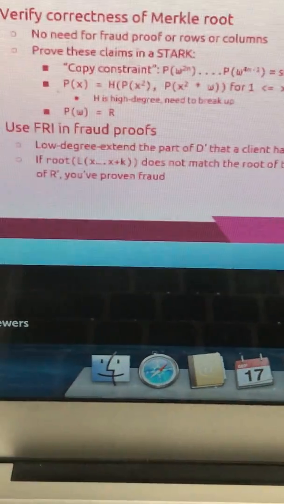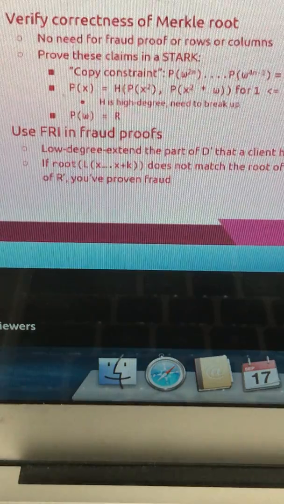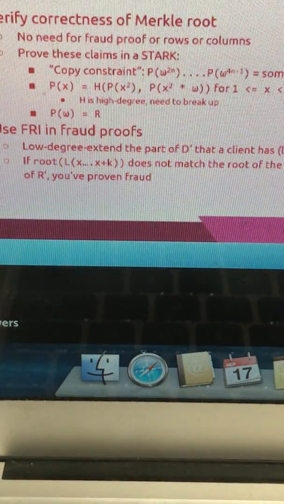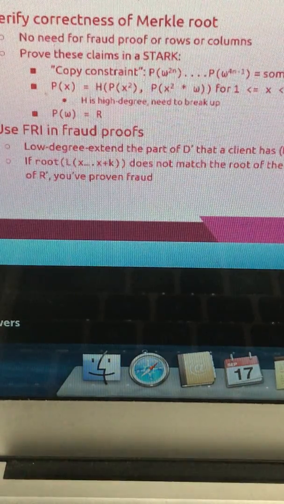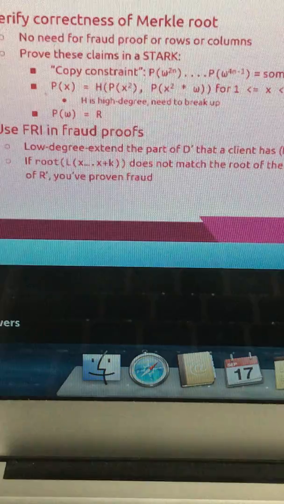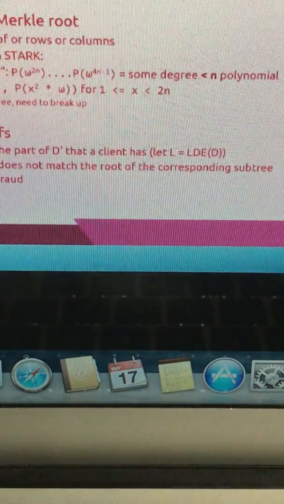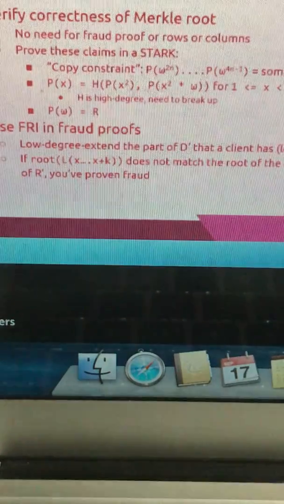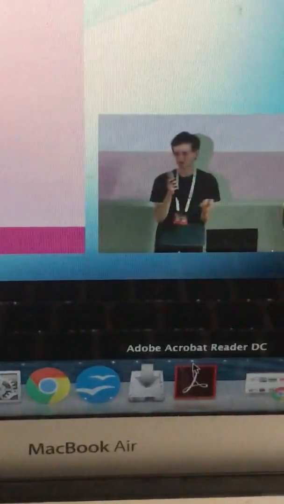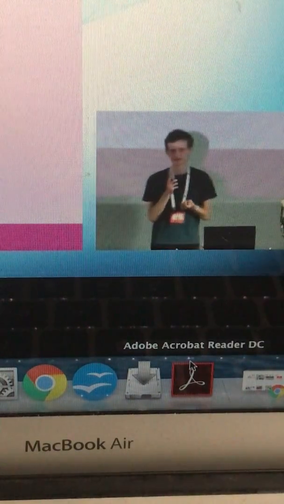So basically, if you have a D prime where that D prime has a bug in it, instead of providing the entire D prime, we're just going to do a bit of clever math, and we're going to basically use FRI, use one of these kind of (f(x) minus y) over (X minus x) arguments that you might have heard about all of this morning, and we're going to prove that there exists some output which is the correct value of extending the parts of D prime that you have to some position, and look, it doesn't match the thing that's in the hash tree.